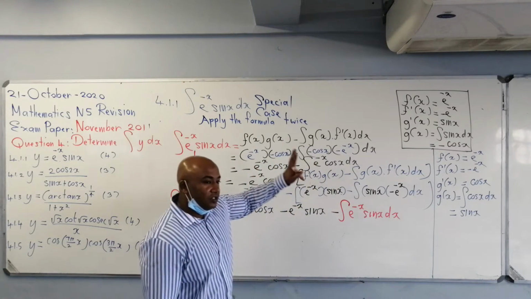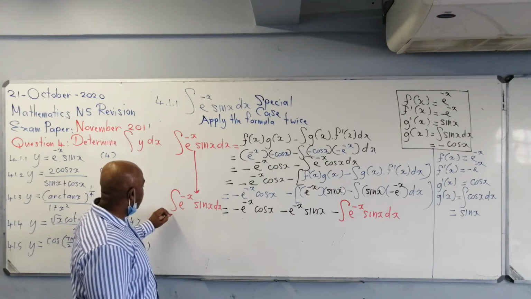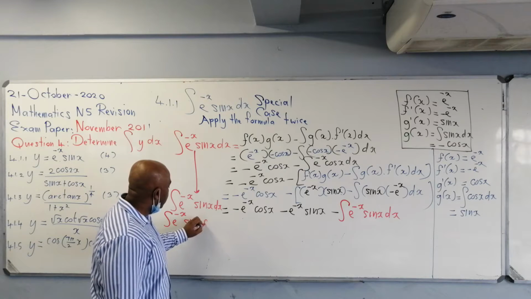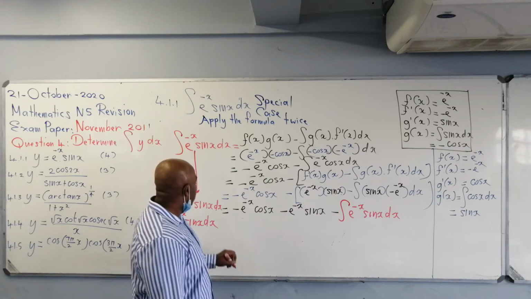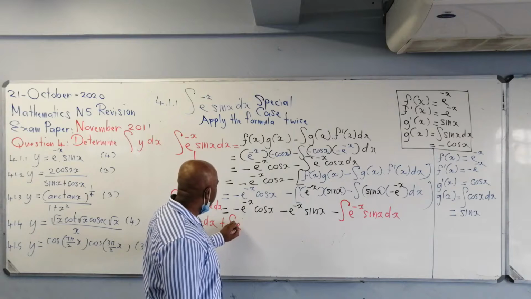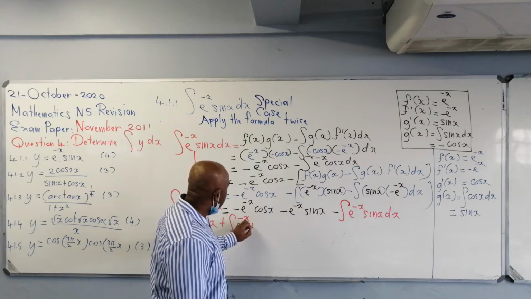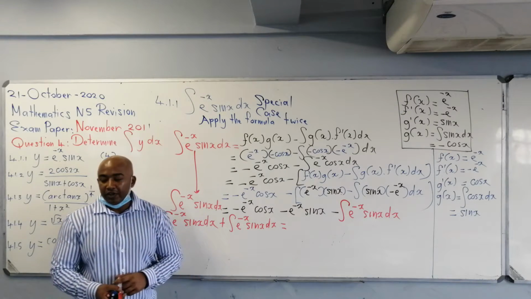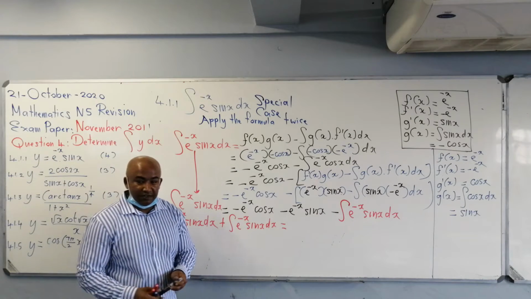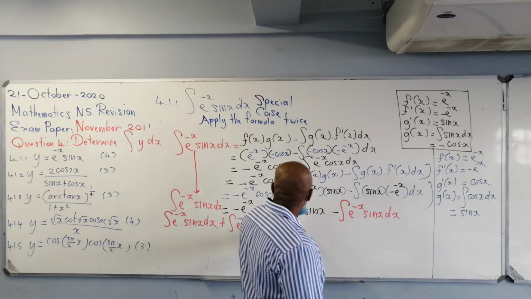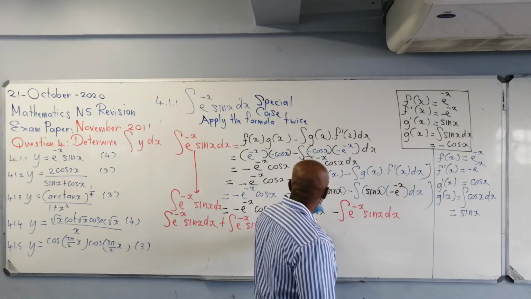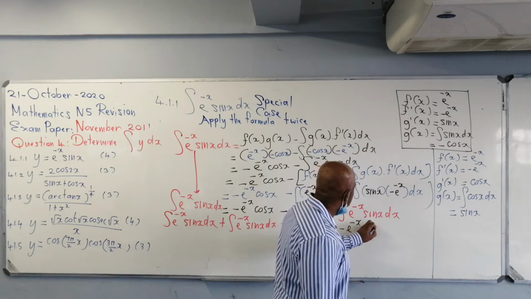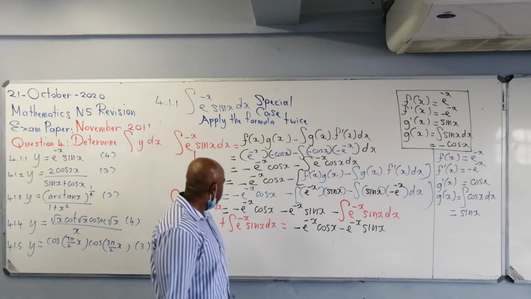So what do we do? You will take this to the left hand side, with your like terms. So you've got the integral of e to the power minus x sine x dx plus the integral of e to the power minus x sine x dx, and then there's no more integration on the right hand side. So what do we have? We have minus e to the power minus x cos x minus e to the power minus x sin x.